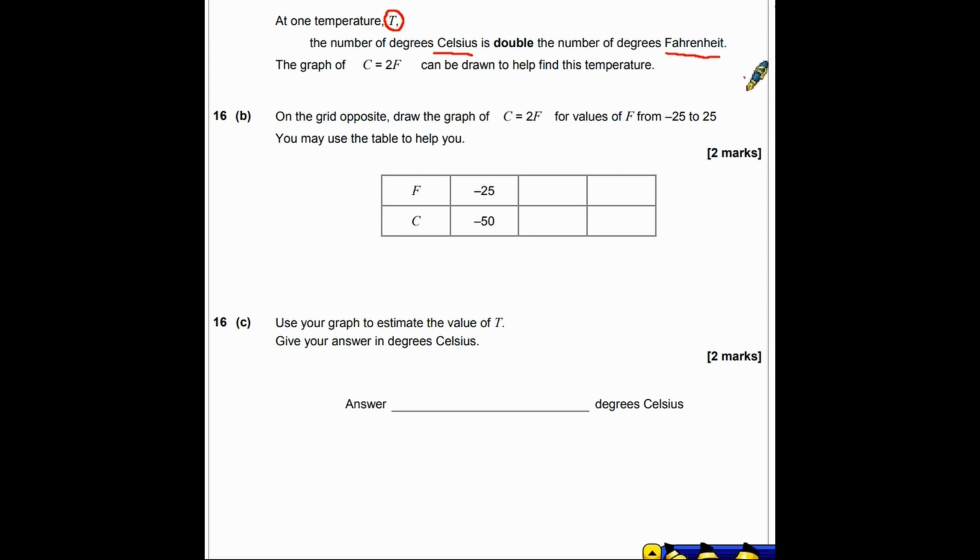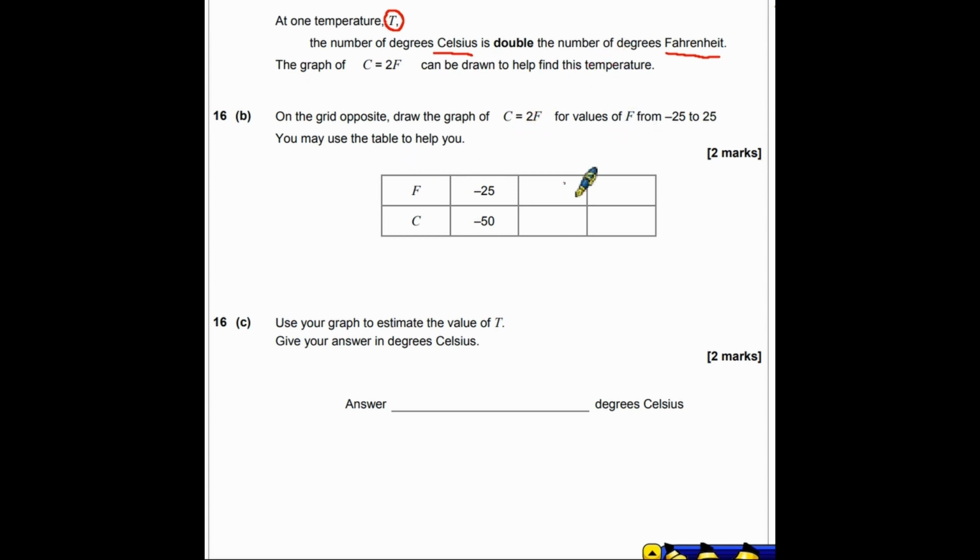Now, we could look back at the graph and start to search for that position where one is double the other. But we are first of all told to draw the graph of C equals 2F. So we're going to draw a line where this value is true, and it will help us to find the point on the original graph.